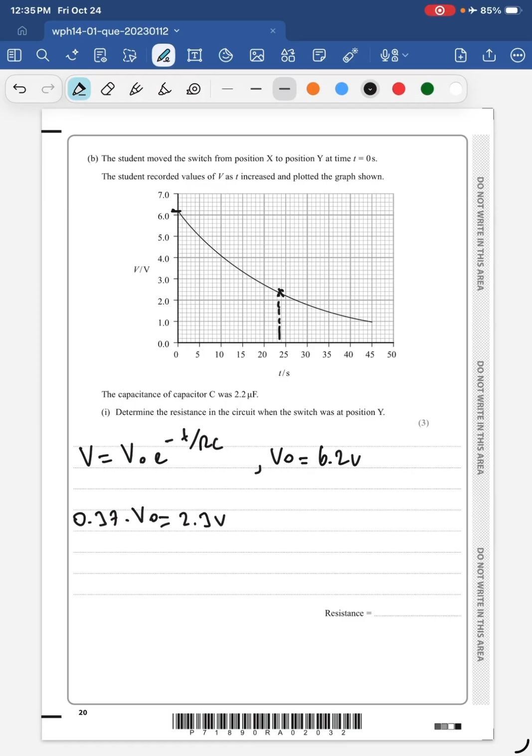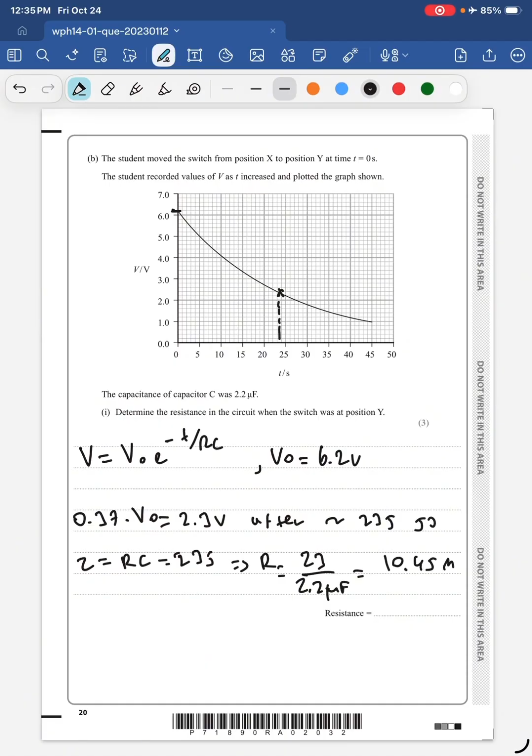So the initial voltage, which is 6.2, drops to 37% of that, which is 2.3 volts, after about 23 seconds. So tau, the time constant, which is equal to RC, is 23 seconds. So if we solve for R, we find 23 over 2.2 microfarads, which gives you 10.45 mega ohms. Okay, so that's a large resistor.